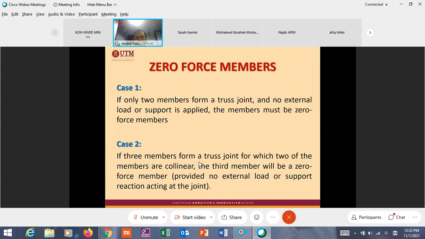If only two members form a truss joint and no external load or support is applied, the members must be zero force members. There's no figure. I'll give you the figure. And case 2, if three members form a truss joint for which two of the members are collinear, the third member will be a zero force member. Okay.